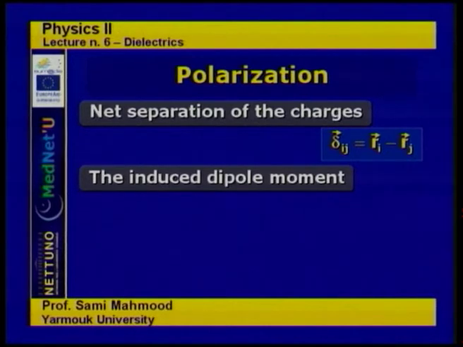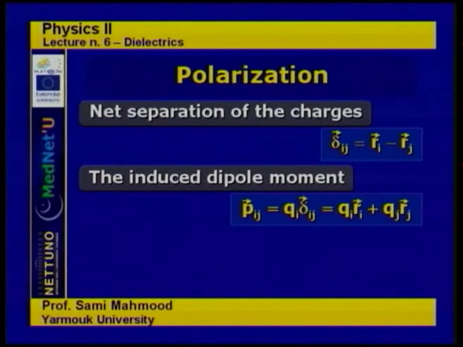Now, the induced dipole moment, we have defined the dipole moment before. The induced dipole moment due to the charges i and j, which are the negative and the positive charges on one molecule, is by definition p sub ij as a vector equal to the charge qi, which is considered the positive charge, times delta sub ij.